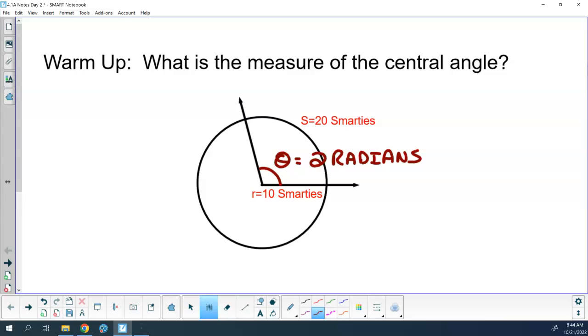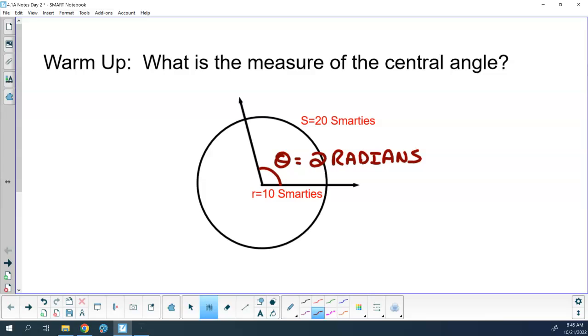Two radians. Okay? Because remember, a radian is the angle measure that makes the arc length be the same distance as the radius. So if my radius is 10, my arc length is 20, that means I had to have a 2 radian angle measure.